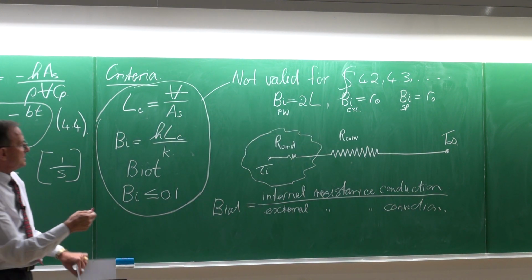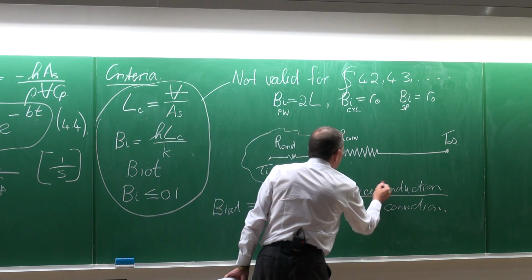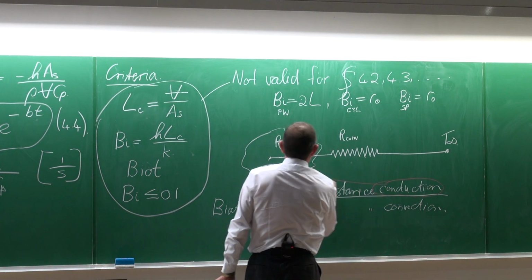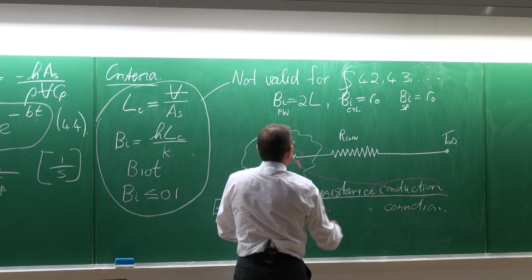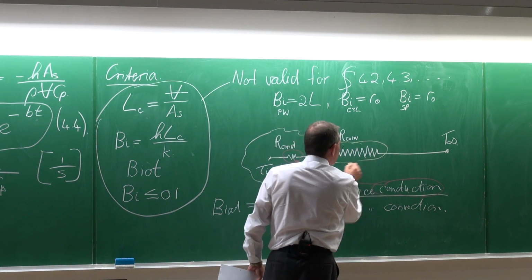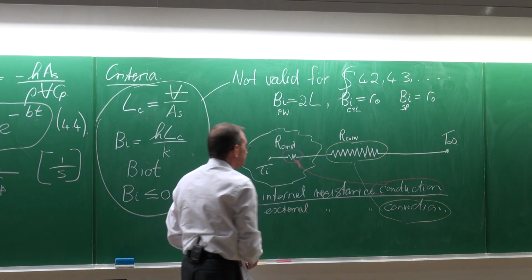So it's very easy to see, this is the internal resistance of conduction, so that term is that value there, and the convection is that value.